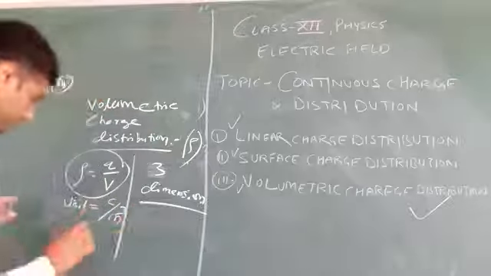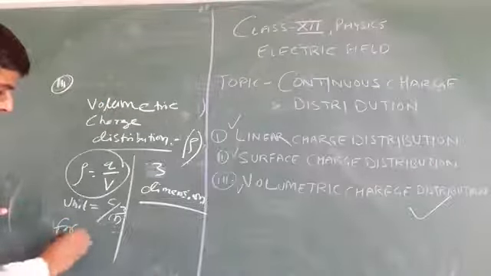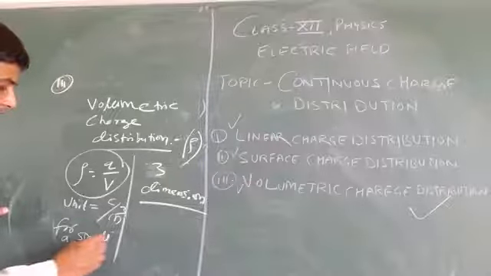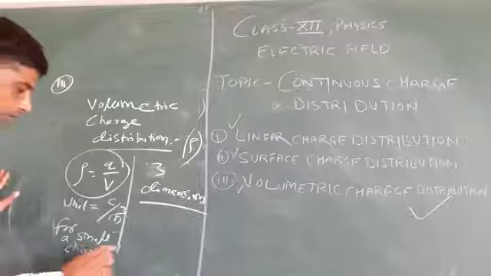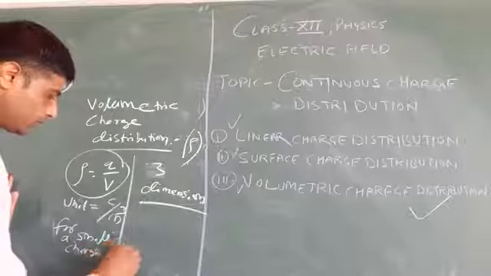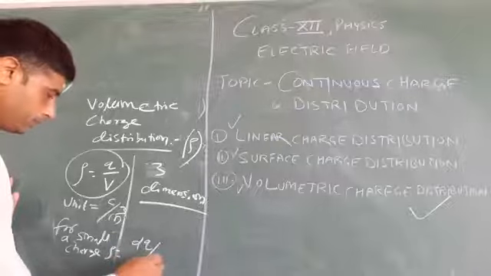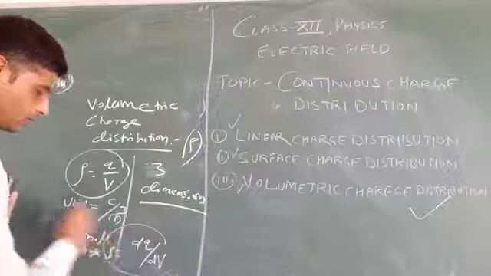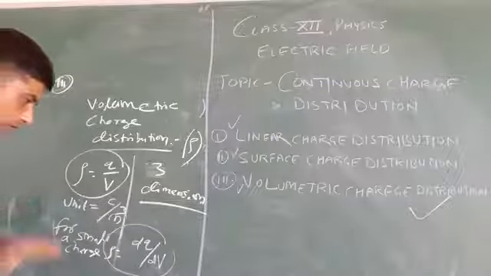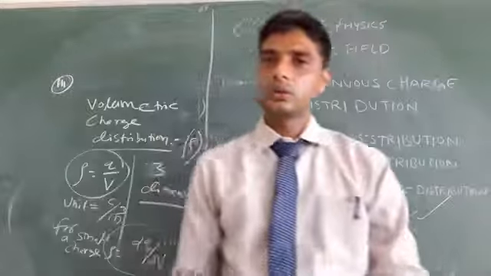For a small charge, rho is equal to dq upon dV, and the unit is the same, coulomb per meter cube.